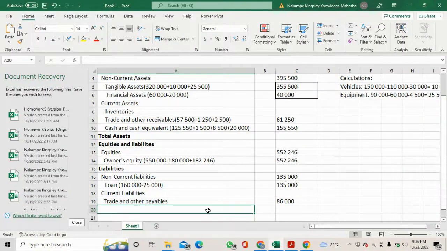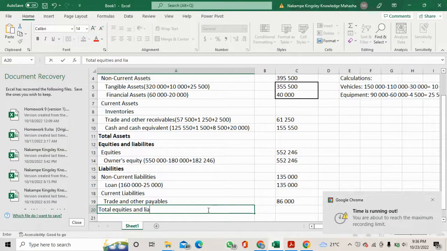So now we are done. We're going to come to the total. Not total assets, we're going to have total equities and liabilities.